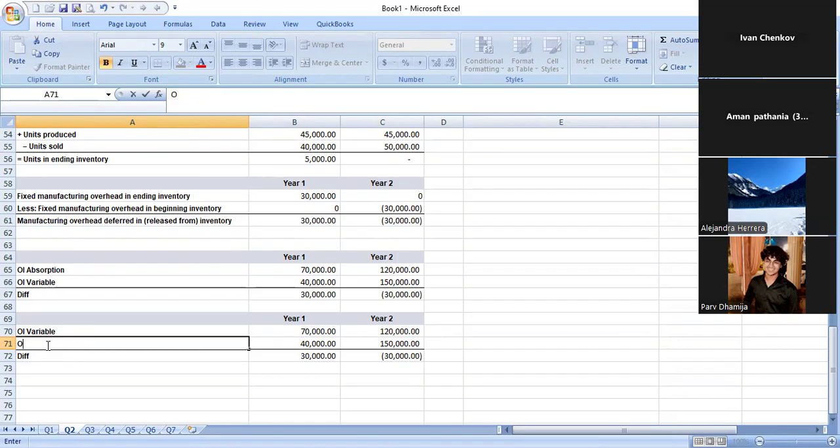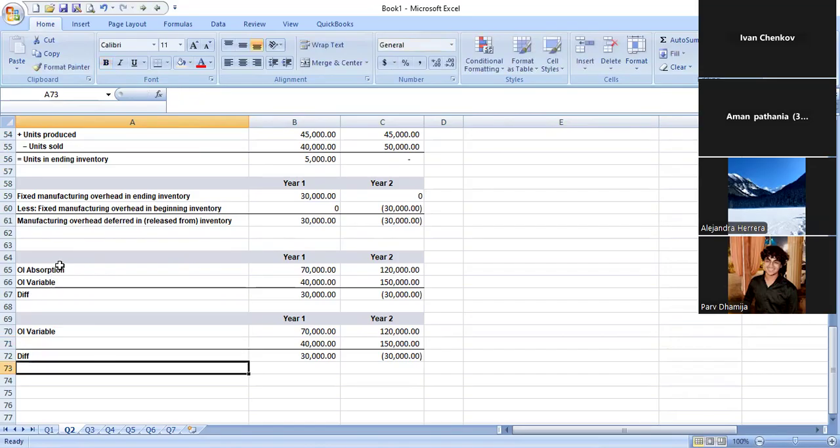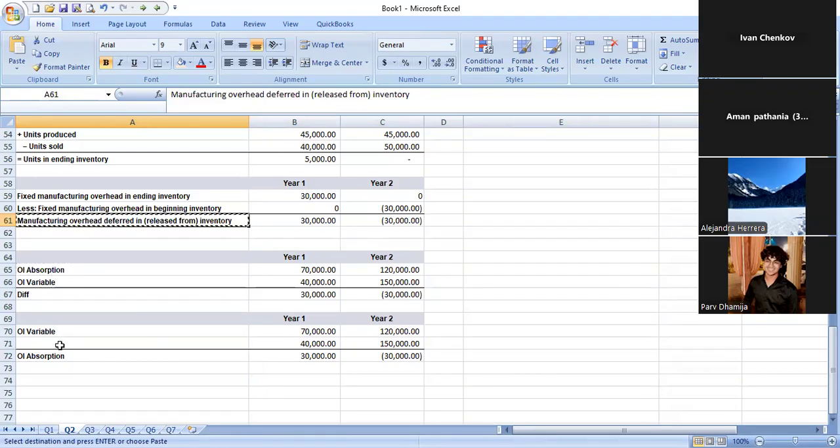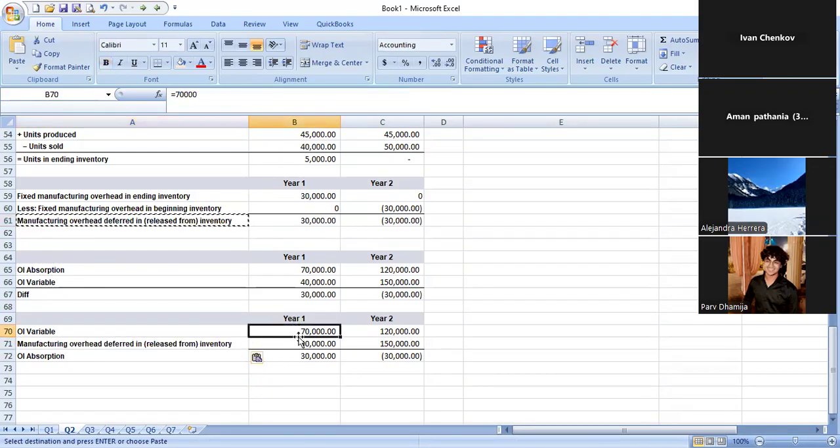So no, it's not going to be this way. It's going to be absorption, Control C, Control V. And here we can have manufacturing overhead deferred in the inventory. And then on the variable costing, we have 40,000, right?